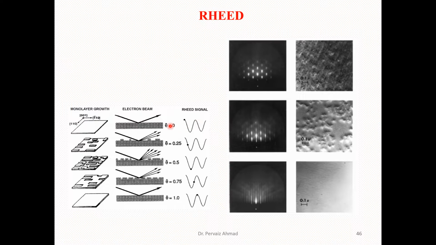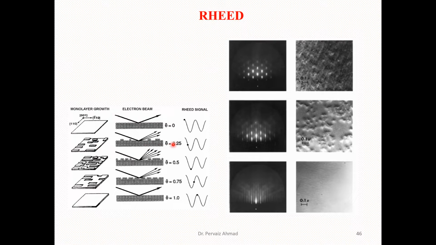But if we increase the angle from 0 to 0.25, here you can see that the electron beam strikes the surface, and we have a few atoms deposited on the substrate, which can be viewed here in this monolayer growth. This one is completely empty, but here we have atoms deposited at different orders.